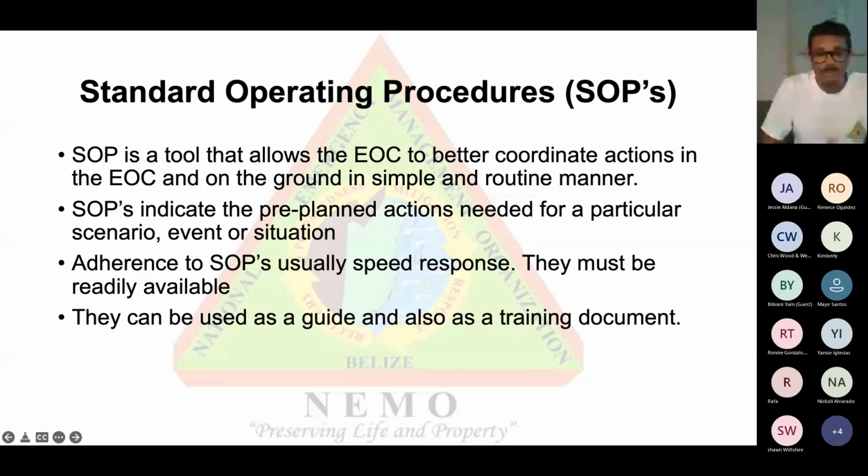However, having a written SOP that is pulled out of the plan, and is a part of the plan, kind of summarizes the actions that should be taken and focused on when dealing with an incident as per different stages, right? So it's a very useful tool.